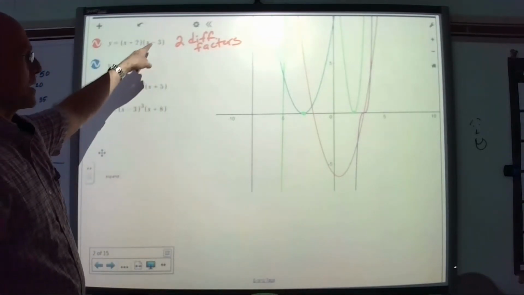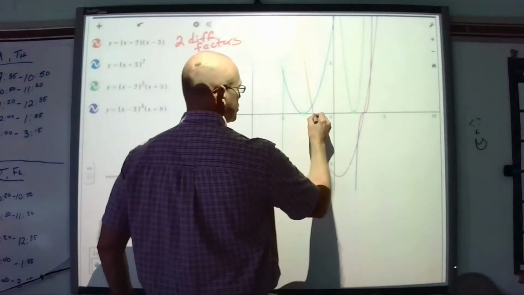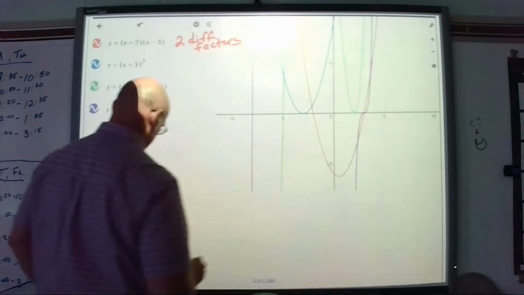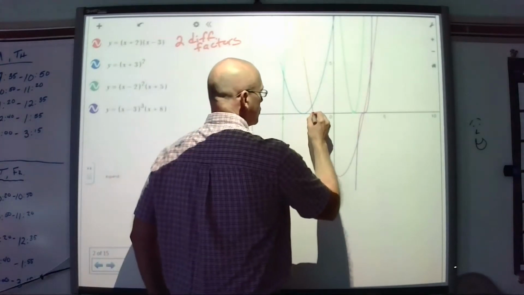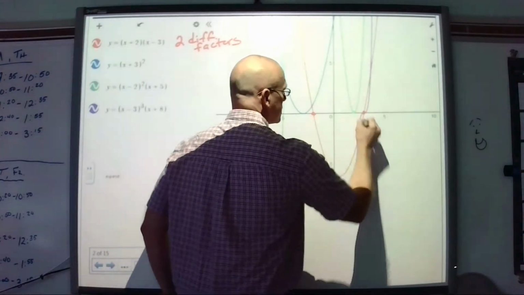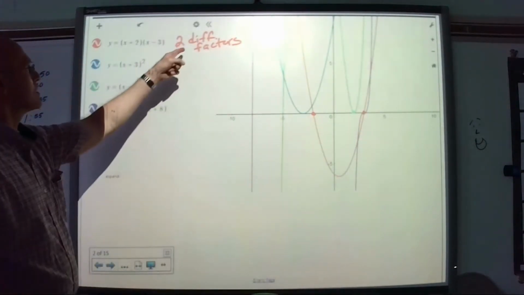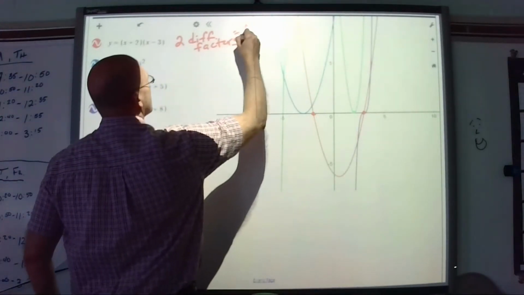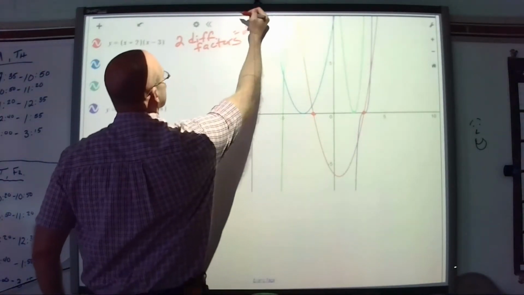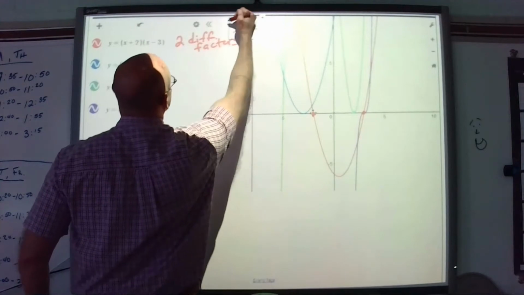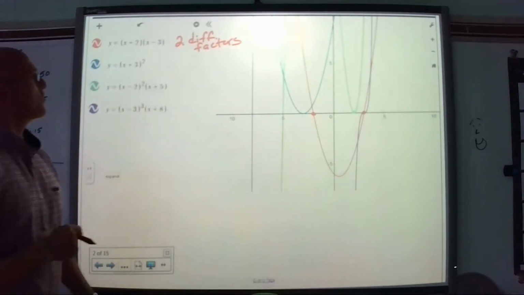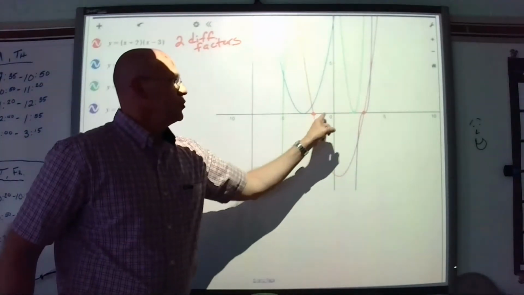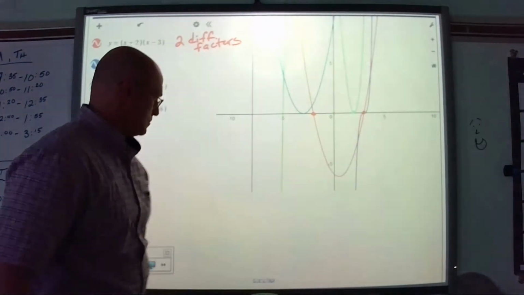Those 2 different factors give us 2 different zeros. 2 factors, 2 zeros. There we go. We got 2 different factors, and we have 2 different zeros.